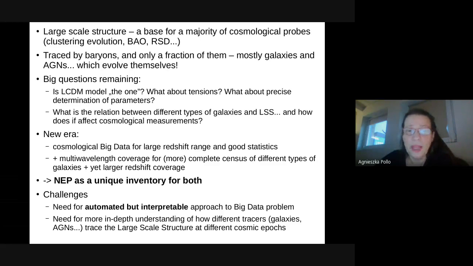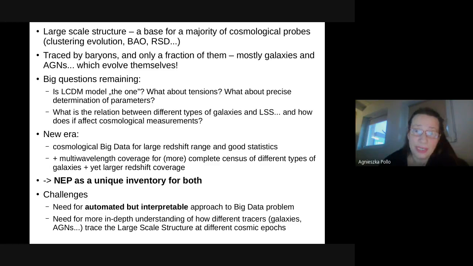Then on one hand, we have some big questions like, is the lambda CDM model correct? How can we measure cosmic parameters precisely? On the other hand, we need to solve the puzzle of how to relate different types of galaxies to large-scale structure and then to provide precise cosmological measurements.